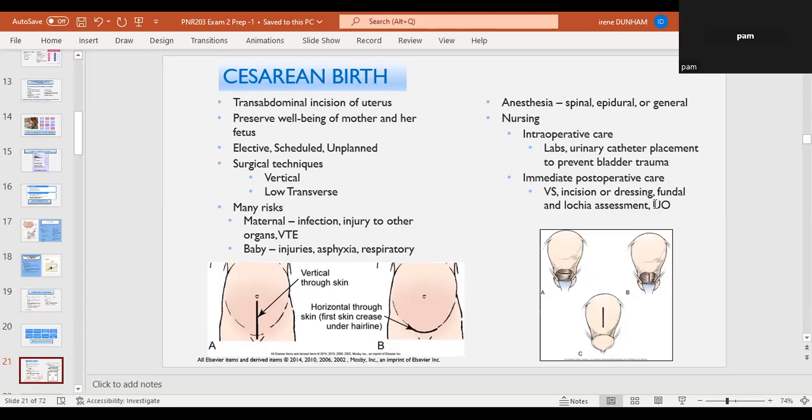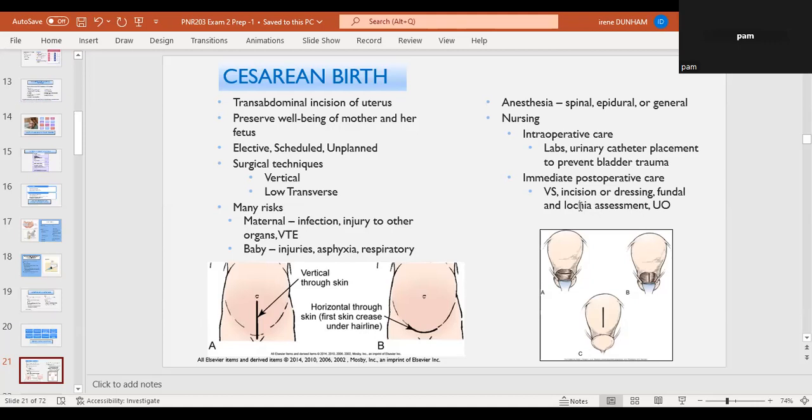Granted, I try to do a gentle massage, but my responsibility is to keep that fundus firm. And then, of course, you're going to assess the lochia, which is your drainage. I would take note of the different lochias. Lochia rubra would be like your first two days.